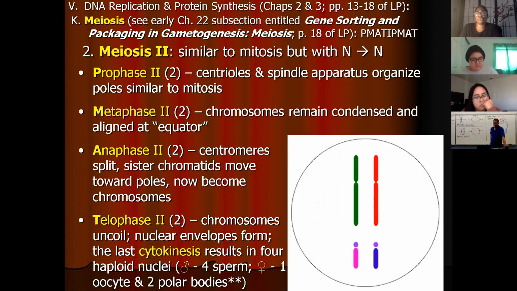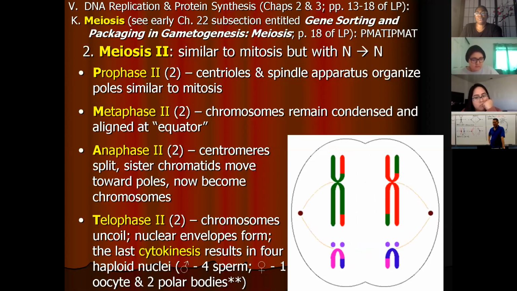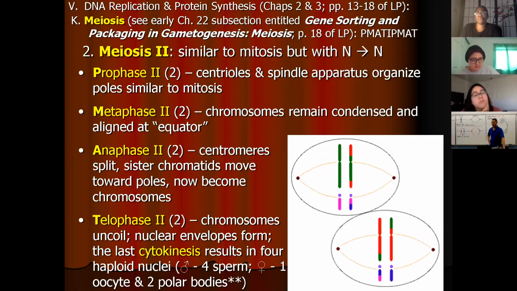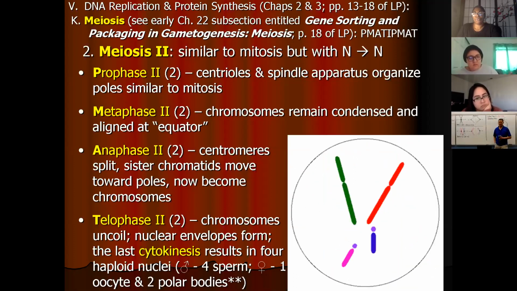We're starting out here with 4 X's. In meiosis 1, it's down to 2 X's. In meiosis 2, each now has 2 lines. Again, this is male meiosis.